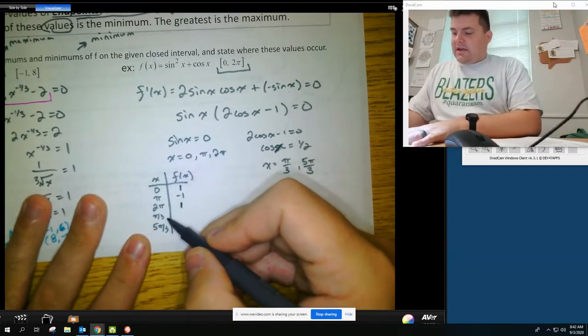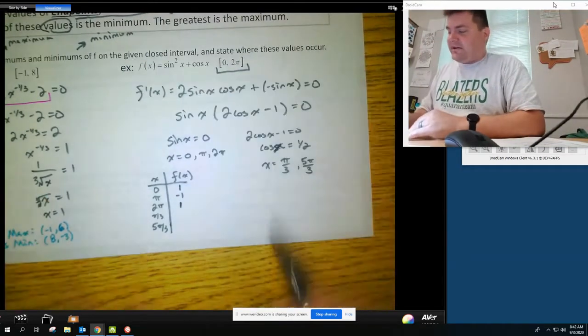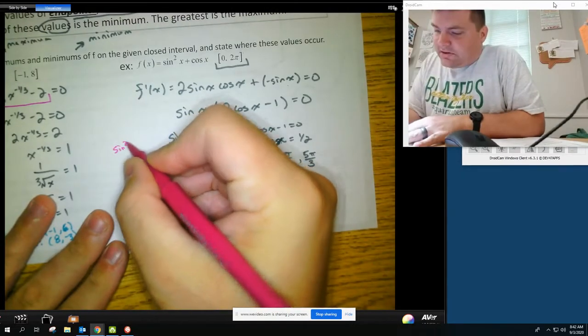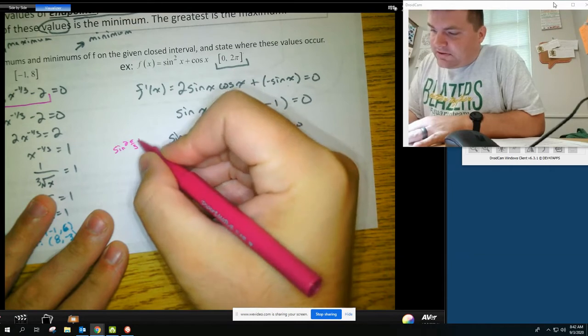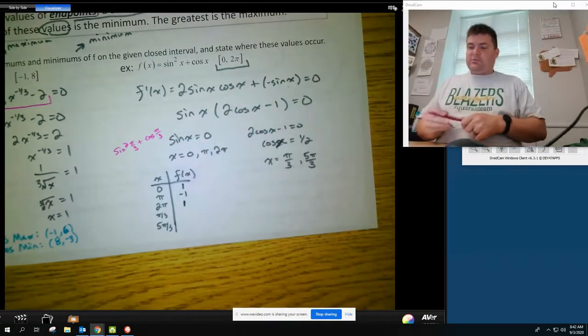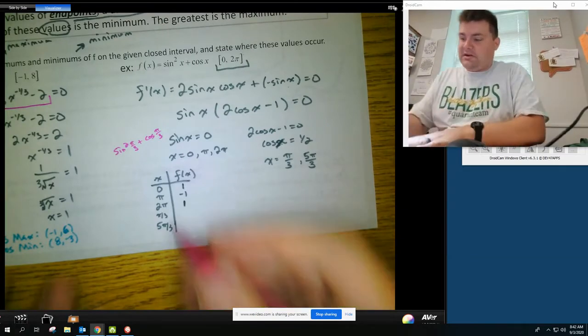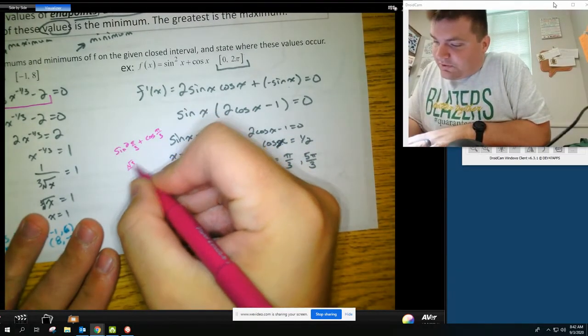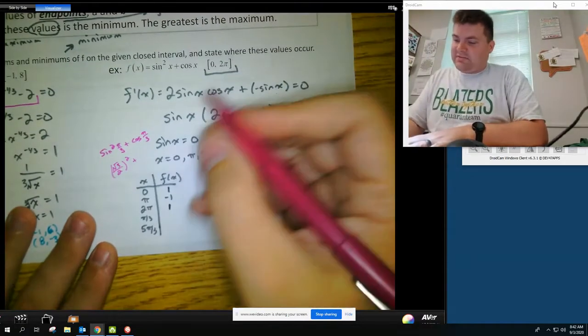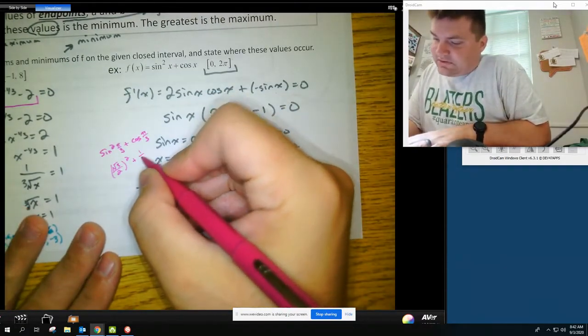When I plug in a pi over 3, this one's going to take a little bit of work. I'll do my side work right over here. So sine squared pi over 3 plus cosine of pi over 3. Well, sine of pi over 3 is root 3 over 2, and that's going to get squared, plus cosine of pi over 3 is 1/2.